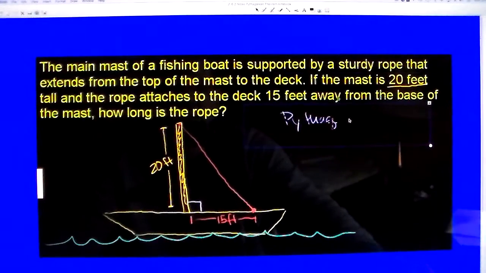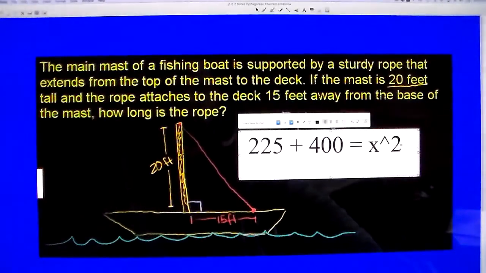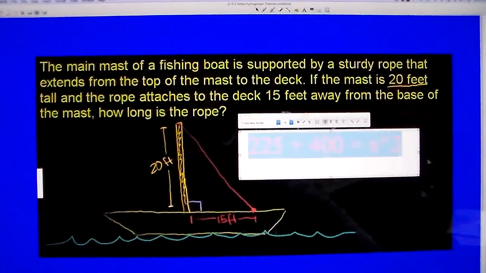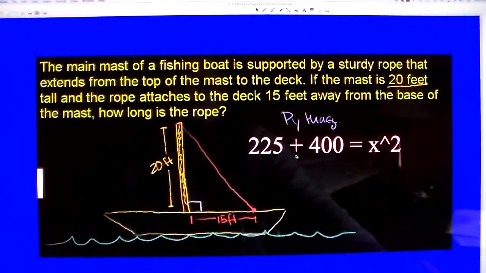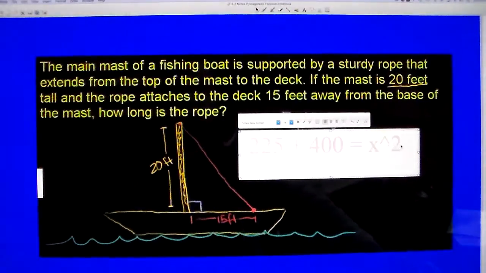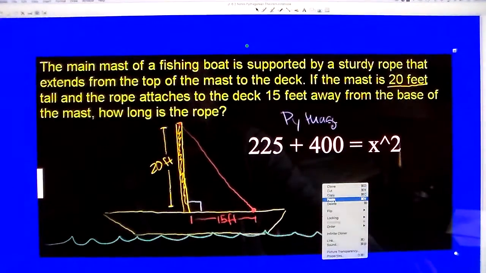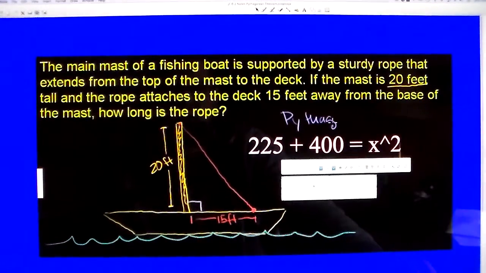Now 400 plus 225, you add them together, which is going to be 625.